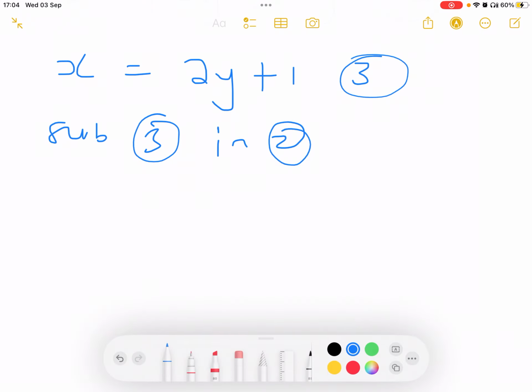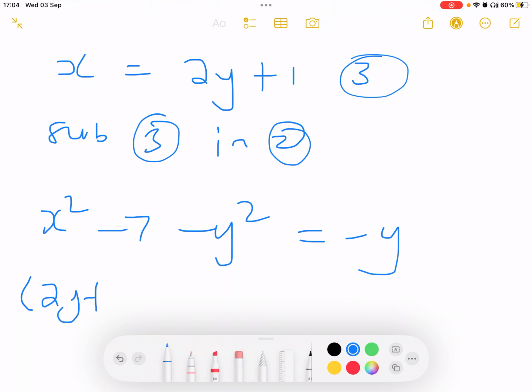So we first write equation 2, which is x squared minus 7 minus y squared equals minus y. So wherever there is x, we substitute 2y plus 1. So that you can say (2y plus 1) squared minus 7 minus y squared equals minus 1.